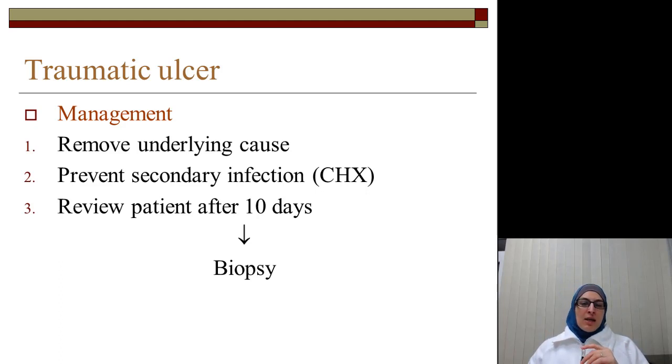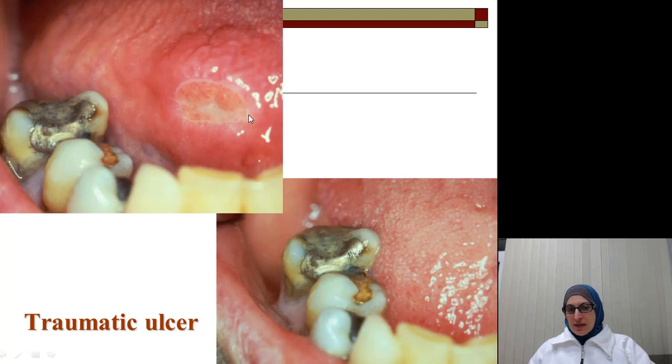The main key here is to review the patient after 10 days. Do not ever consider that this is a traumatic ulcer and just extract this tooth and that's it. Because there is a possibility that this was not a traumatic ulcer.